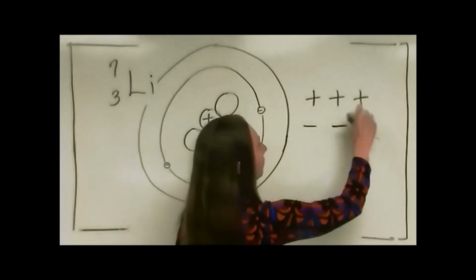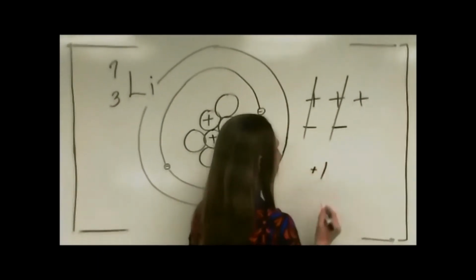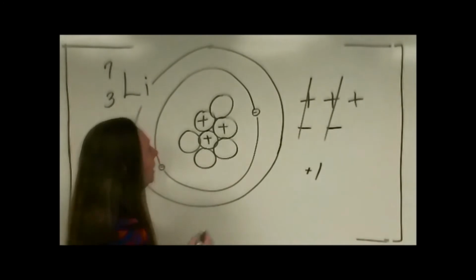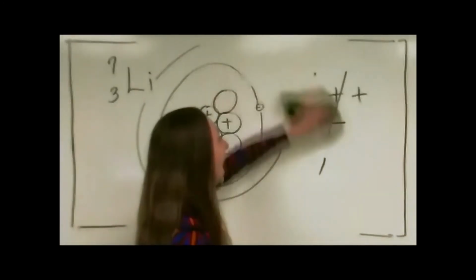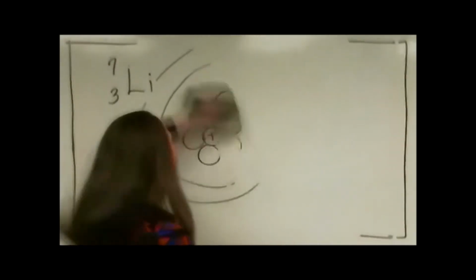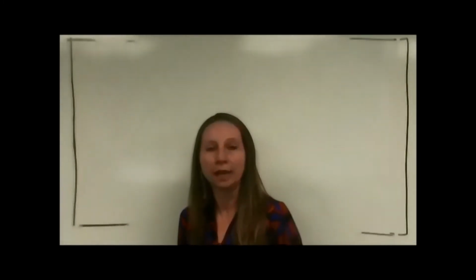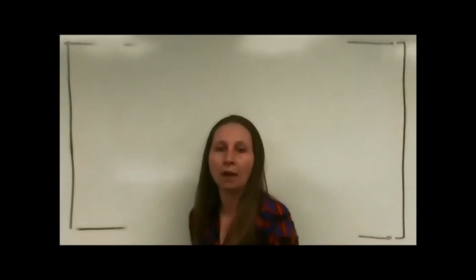So now those cancel, but the lithium has a charge of +1. Similarly, there are atoms that will gain electrons and become negatively charged. Now, we're not really going to be dealing with atoms in this way. That's more in the realm of chemistry. We're simply going to be talking about electrons being transferred from one object to another object. We're not going to worry so much about the atoms.